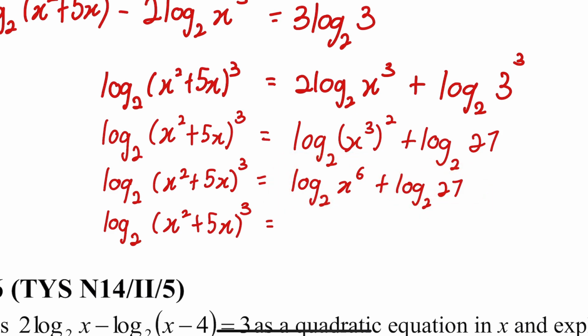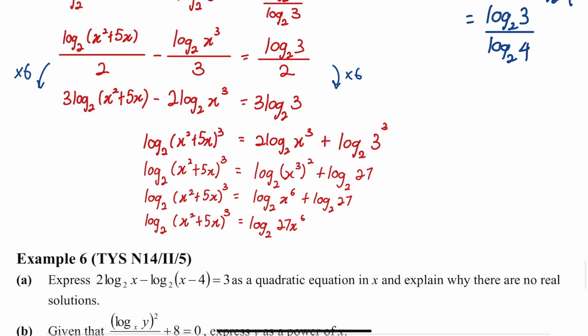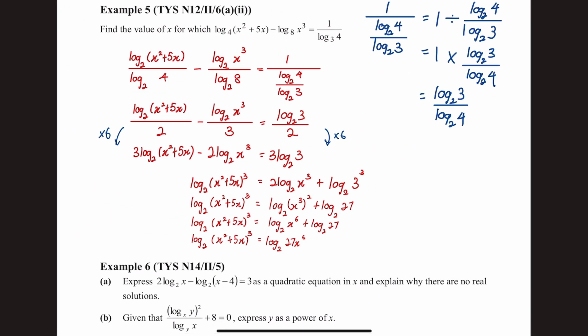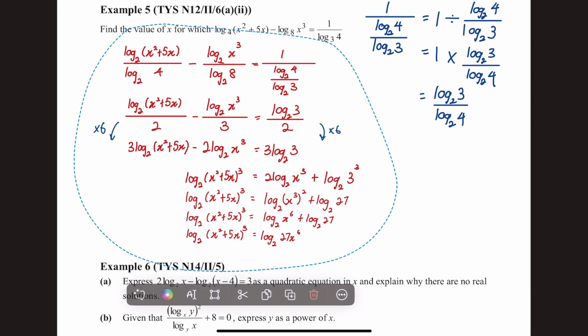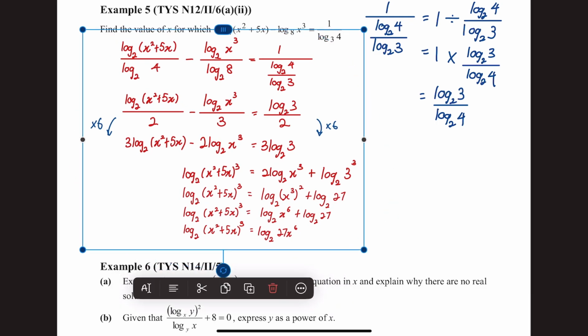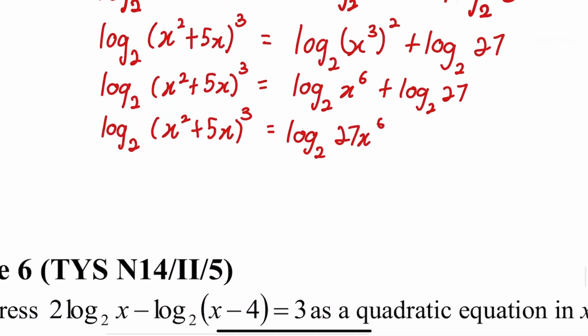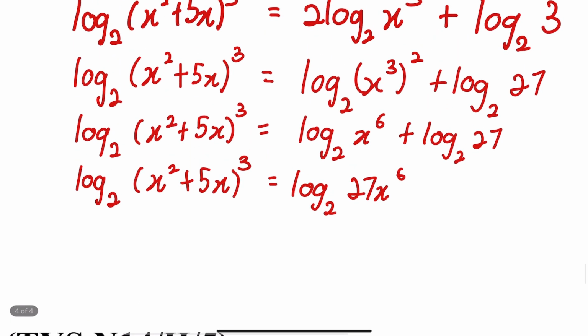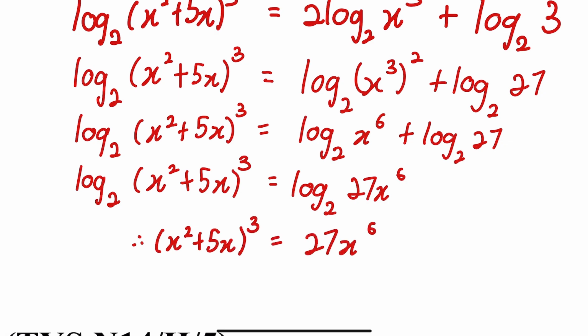This will give me log base 2 27x power 6. Okay, therefore from here, now I can convert from logarithmic form to exponential form by solving this equation. Therefore, x squared plus 5x, the whole thing power 3 is equal to 27 x power 6.